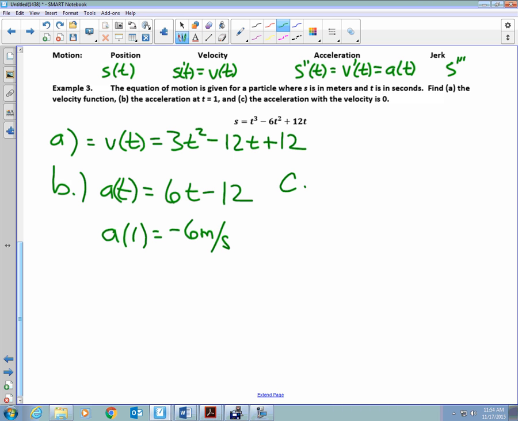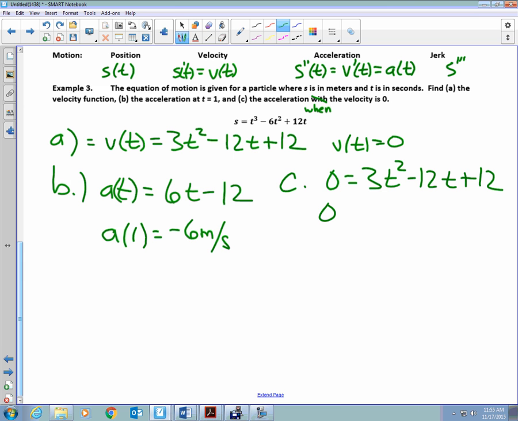But finally, C, the acceleration when the velocity is 0. How would I figure out the acceleration when the velocity is 0? Very good. Velocity function equal to 0. So 0 equals 3t squared minus 12t plus 12. We said the velocity function equals 0.